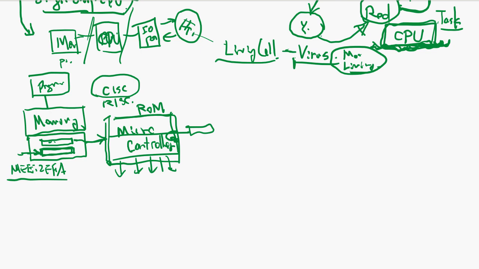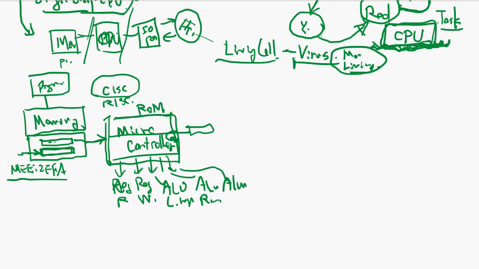It's a control: register read and register write, ALU left side input, ALU right side input, and the ALU function control. So this ROM goes there and controls the execution unit.